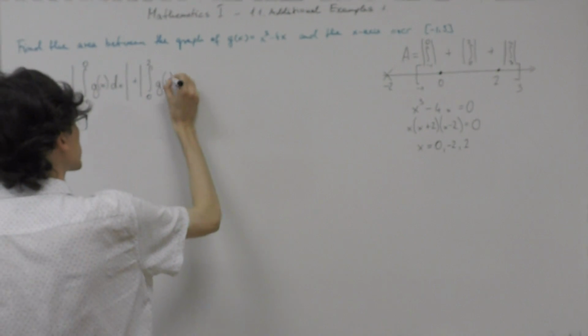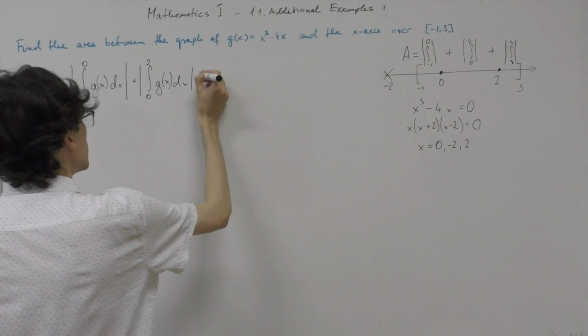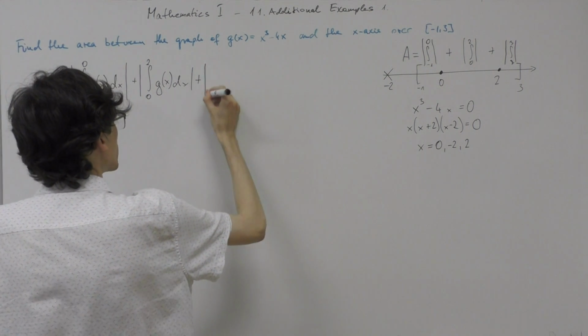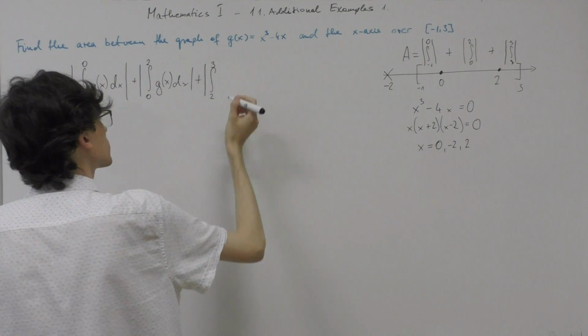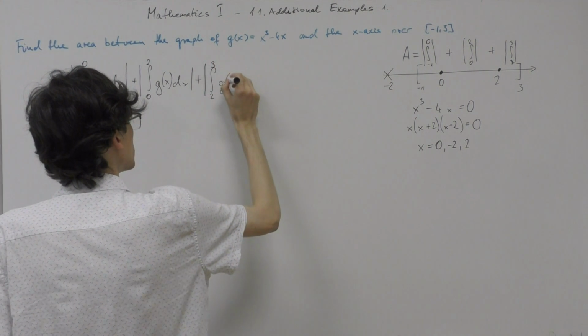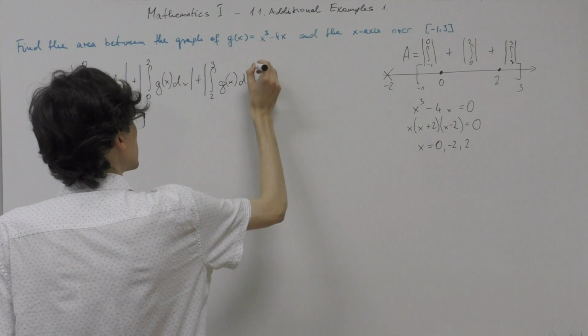So we have A equals the absolute value of the integral between -1 and 0 of g(x) dx, plus the absolute value of the integral from 0 to 2 of g(x) dx, plus the absolute value of the integral from 2 to 3 of g(x) dx.